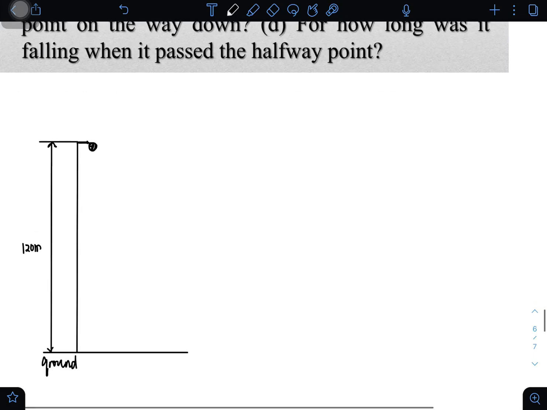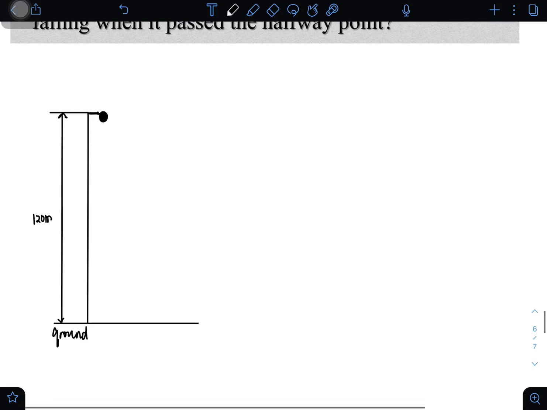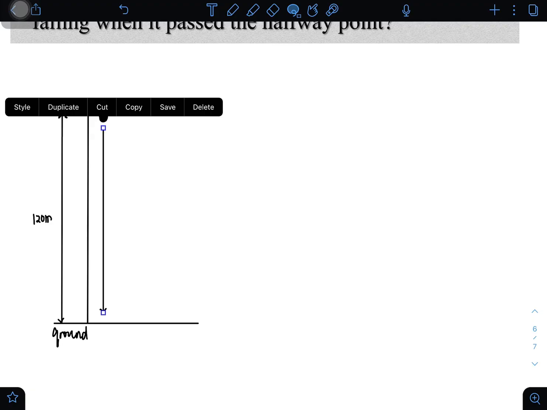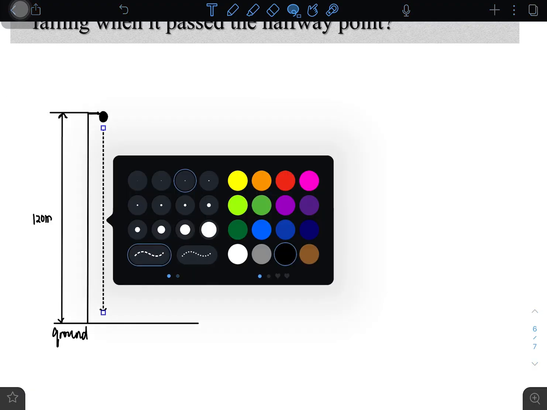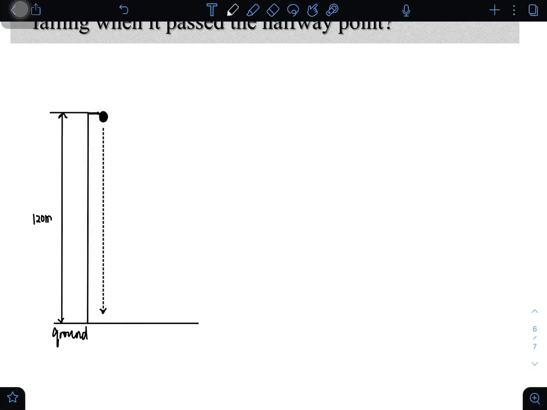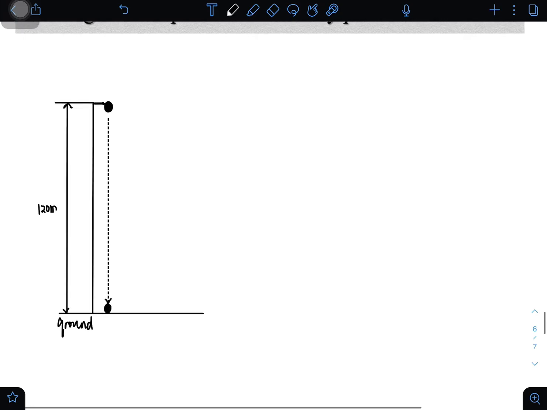So when this elevator breaks at the top of the 120-meter building, it goes down. So this is free fall, and this is now the final point of the elevator.